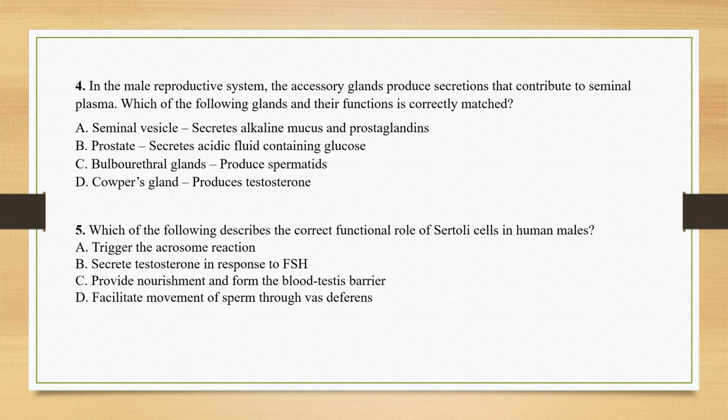So Cowper's and bulbourethral glands are the same. These are the two synonyms. So in this one, the answer will be option A. Seminal vesicle secretes alkaline mucus and prostaglandins. Other than this, they also produce fructose. The bulbourethral gland, they produce mucus, not testosterone.